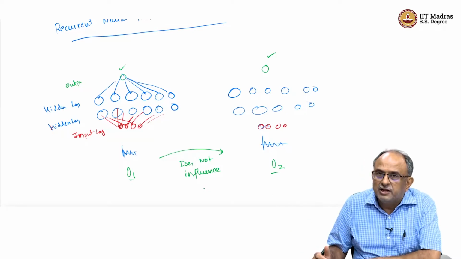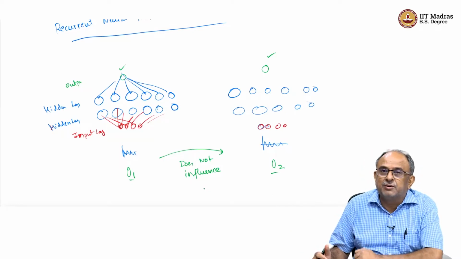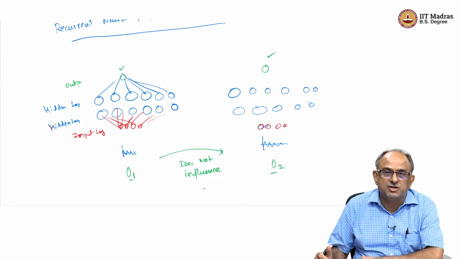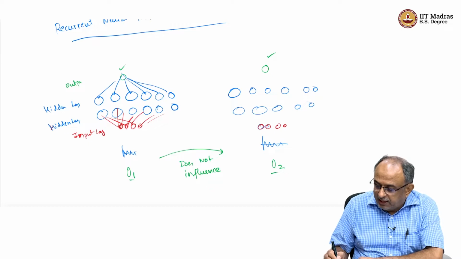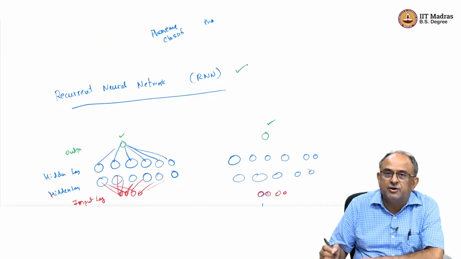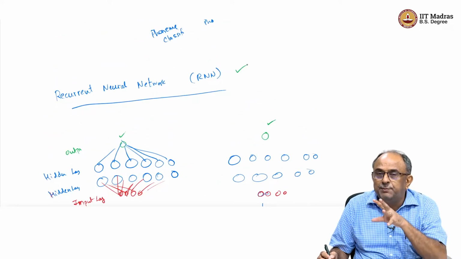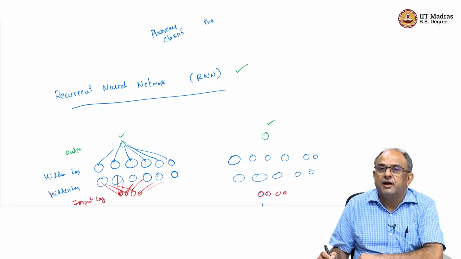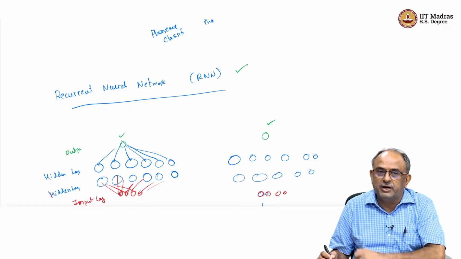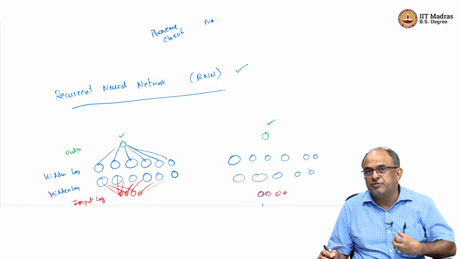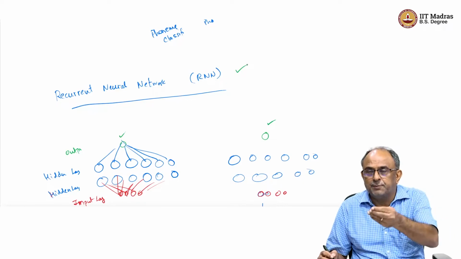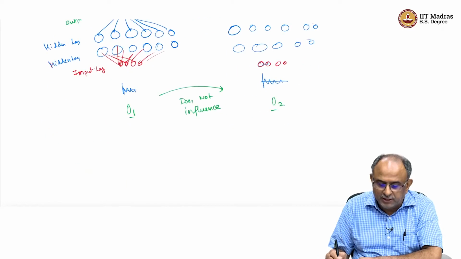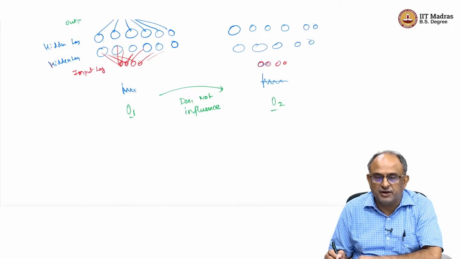Therefore, it is important that we capture some kind of history in the network, and for many applications this will be very useful, and that is the basic idea of a recurrent neural network: we need to have some feedback so that we know what happened previously, which will help us better do classification now, right. Based on the history, maybe I get more information, more context, and therefore I can correctly get the classification for this particular step, okay. So, that is the basic idea of a recurrent neural network.